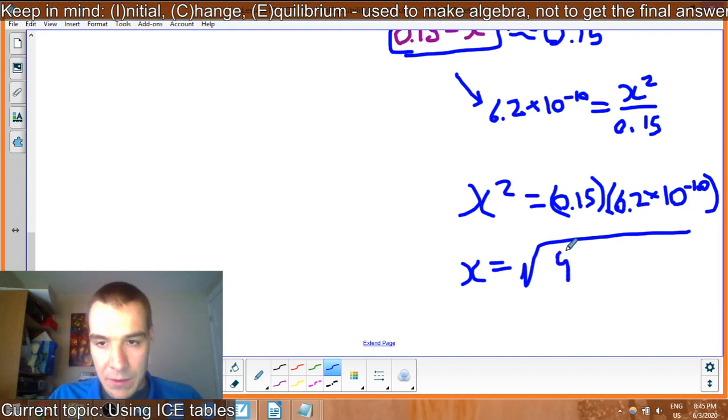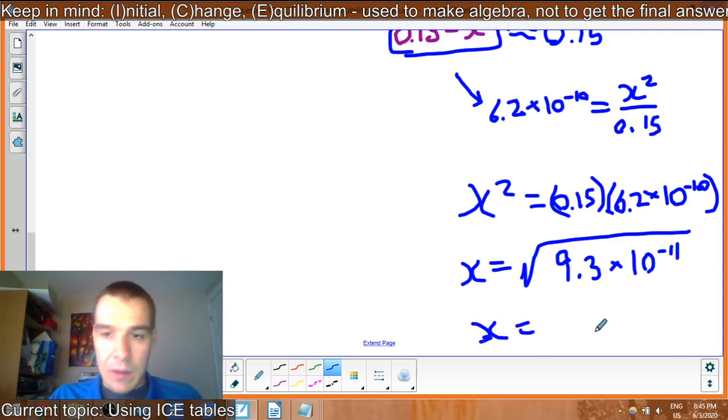Square root of 9.3 times 10 to the negative 11, and then X is going to equal something very, very small.